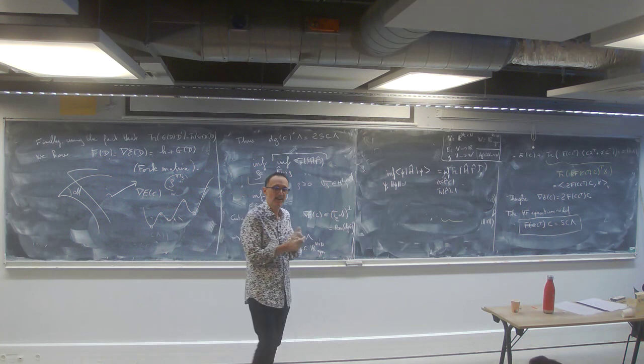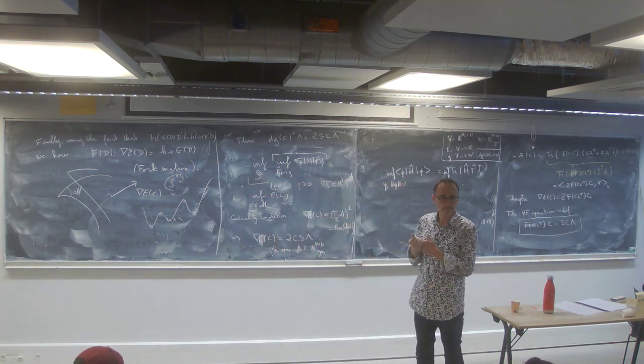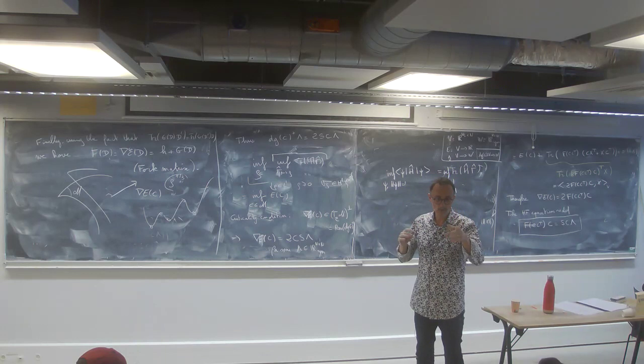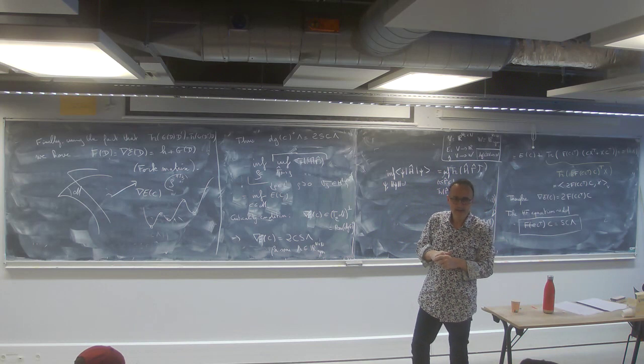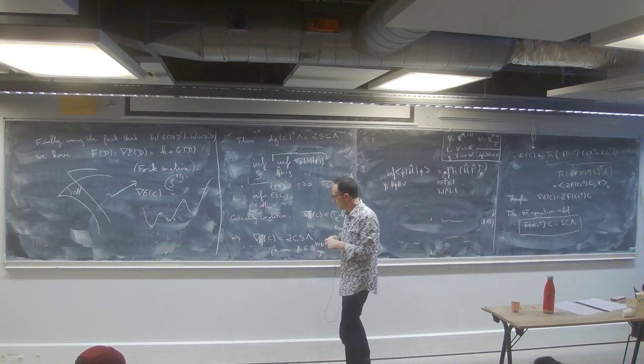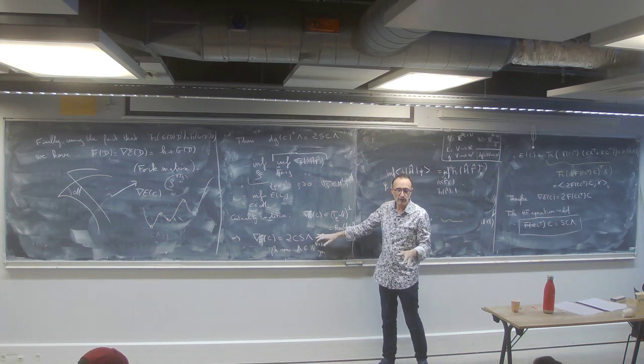So here you show that the Hartree-Fock solution is only a saddle point for the... Yes, that's right. Go on, because I just want to ask about the number of negative eigenvalues. Very interesting question. So this is the criticality condition for Hartree-Fock.